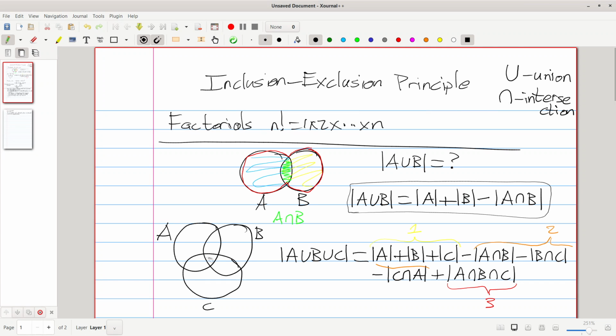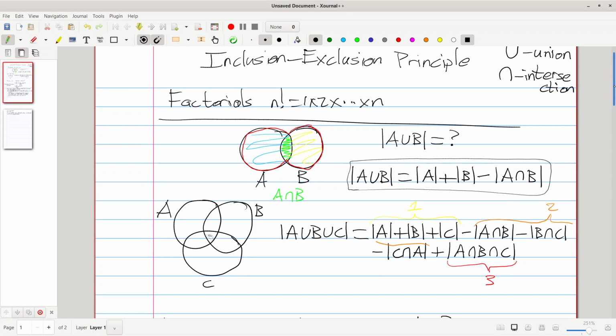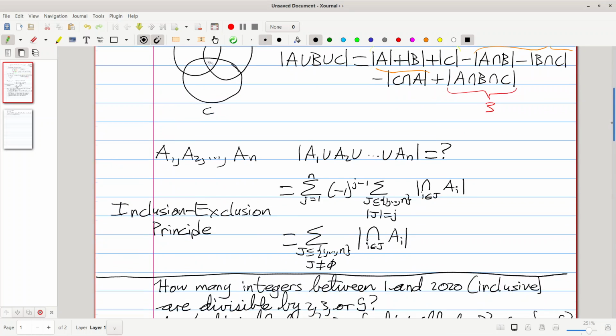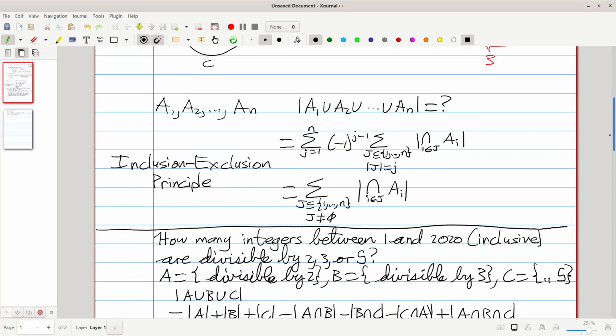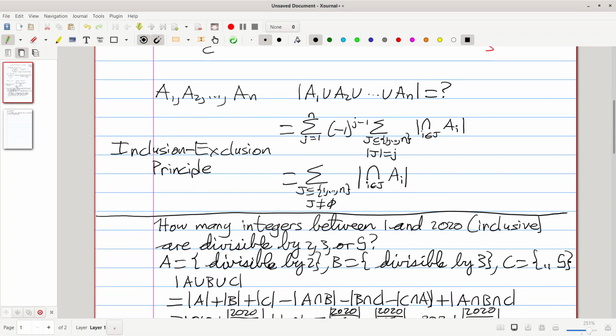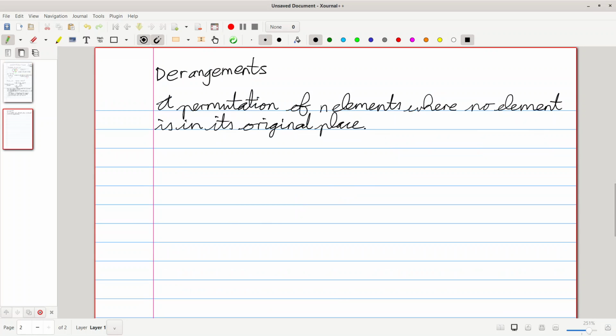If we go back to the previous page, all of these tell us the size of a union of two or more sets. What we need now is the intersection of the complements of those sets.